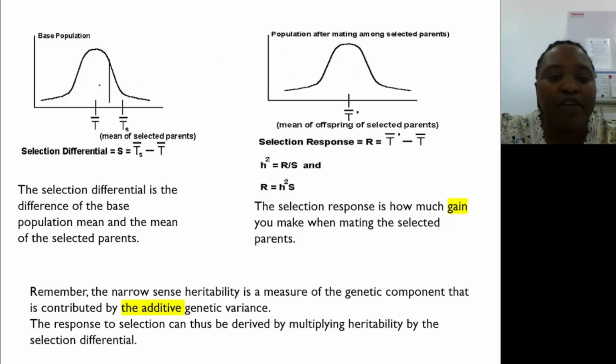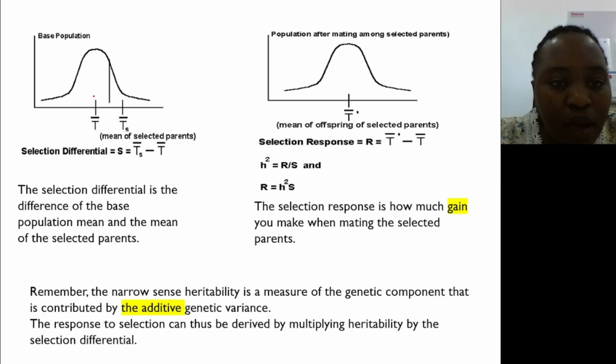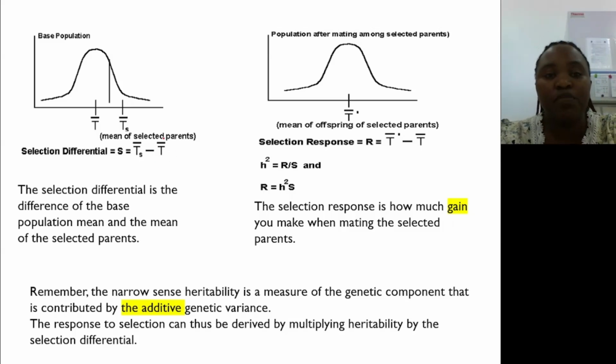From your base population we have the mean, and then you have the mean of selected parents, because you have picked parents from this part of your population who have the best characteristics. The selection differential, S, is given by the mean of the selected parents minus the mean of your base population.